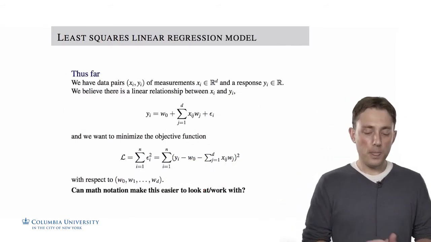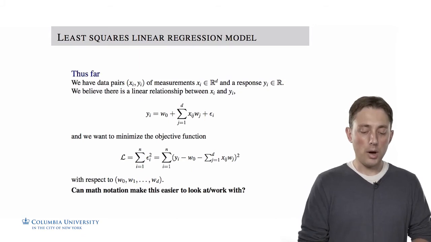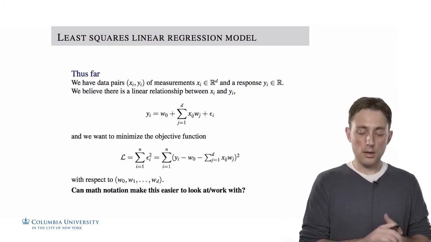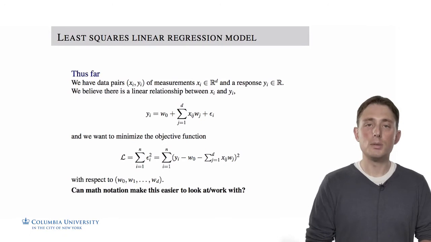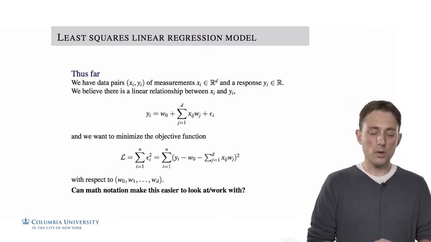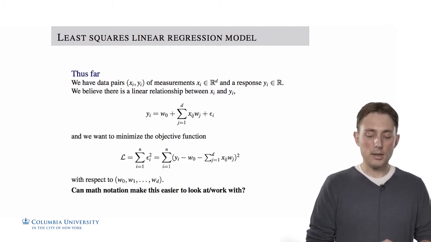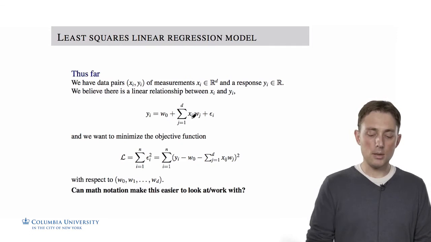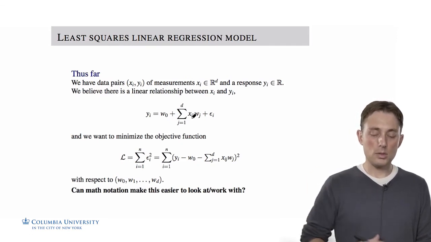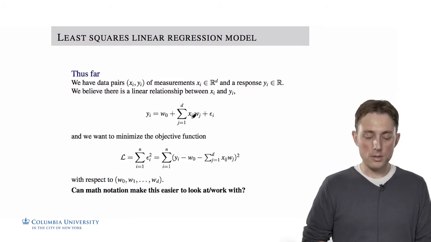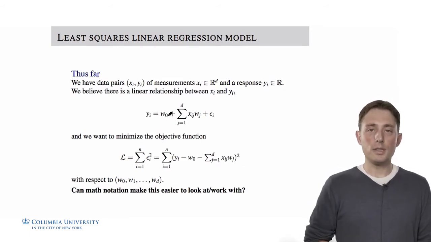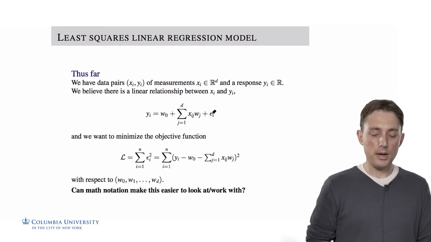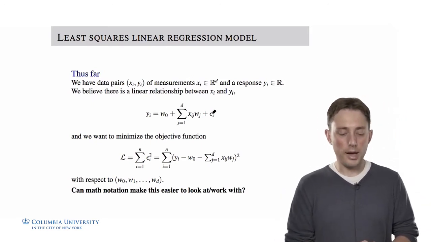Okay, so thus far we have our data pairs xi, yi of the measurements in R^d and their corresponding responses that we're hoping to predict in R. We've hypothesized that there's a linear relationship between xi and yi, meaning that we can multiply the jth dimension of xi by some weight wj, add up those multiplications, include our offset w0, and then we have some error and we have an approximation of yi.